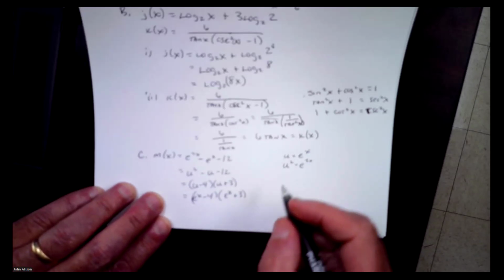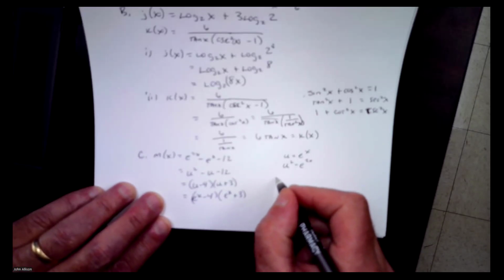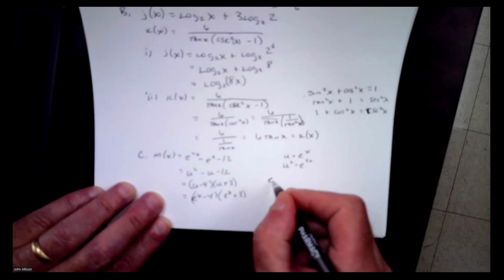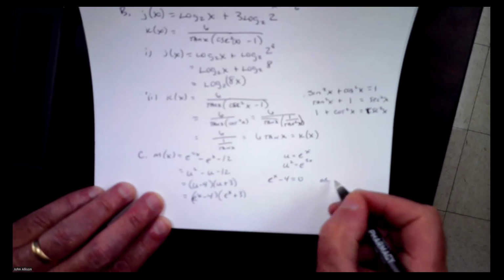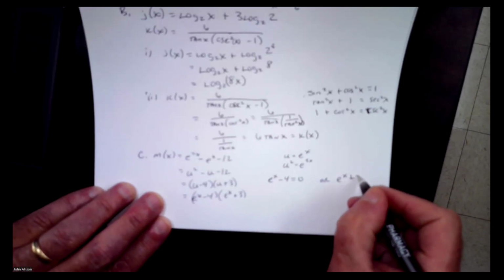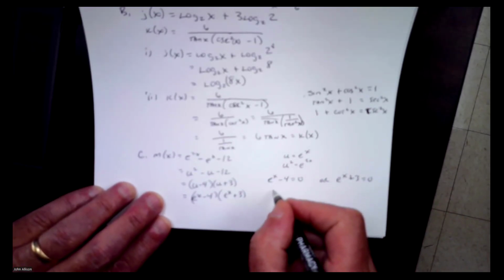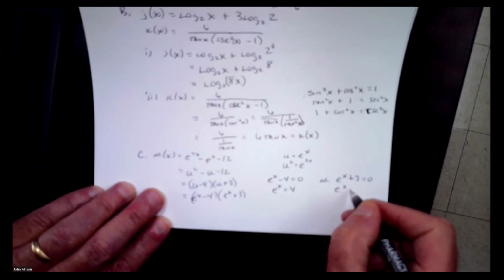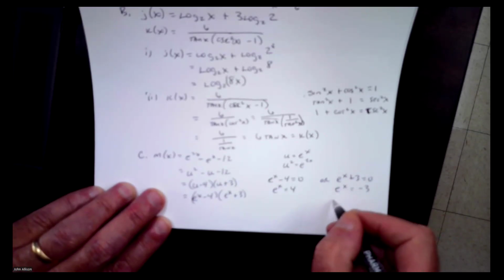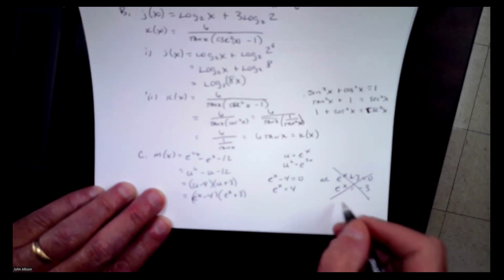And we want to know when that equals 0. So we're going to set each factor equal to 0 and solve. e to the x equals 4, or e to the x equals negative 3, which we know cannot happen.